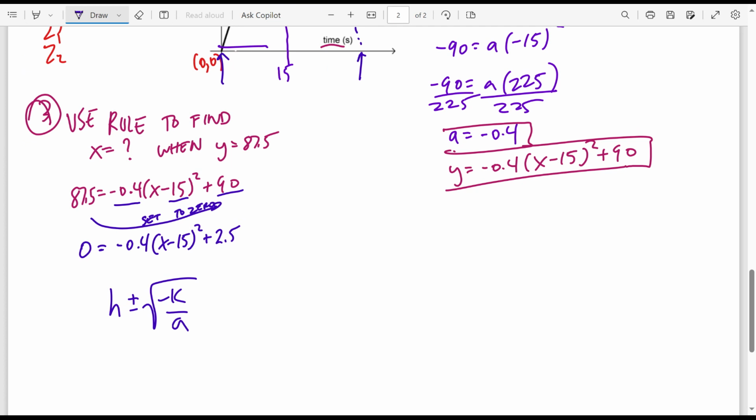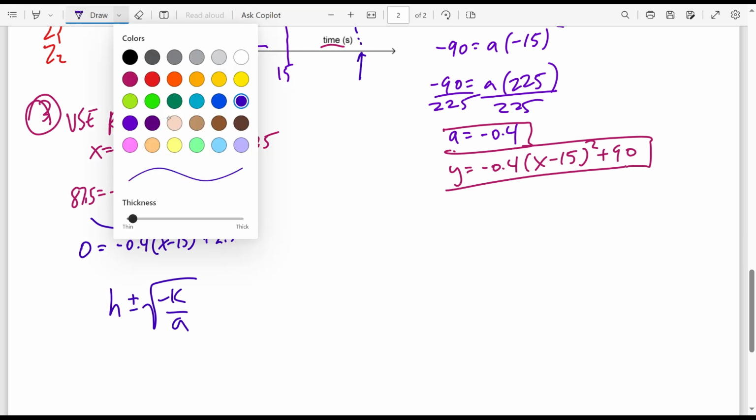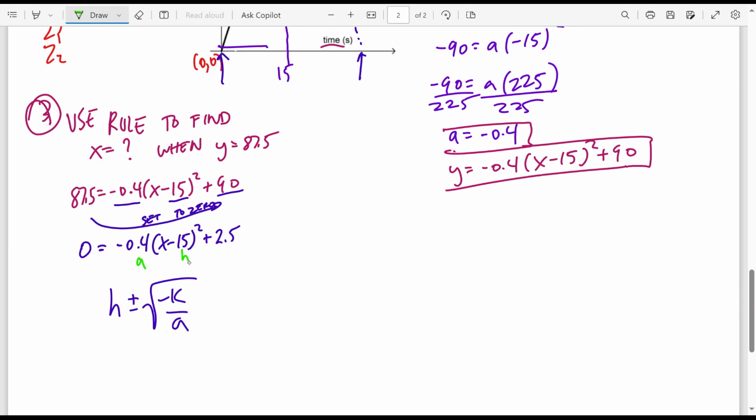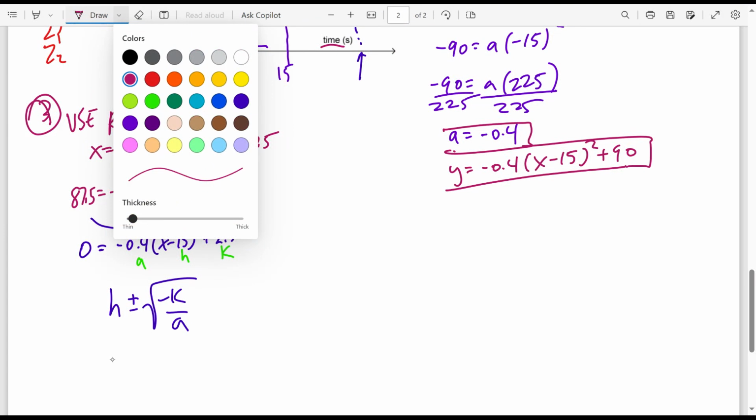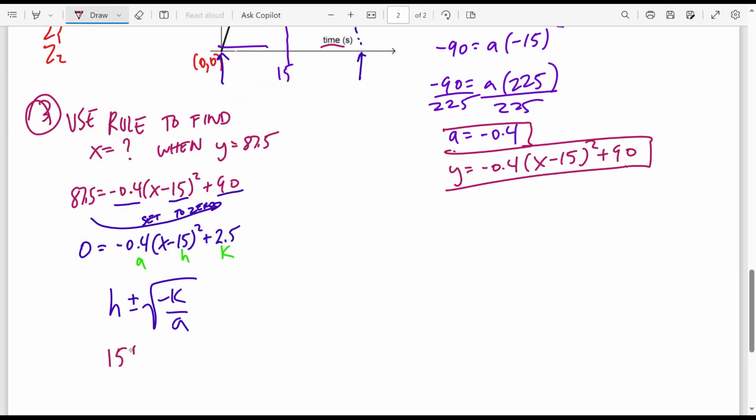So what that means is I set that equation to 0, moved over the 87.5. Now I have a very clear A, H, and a little bit of a different K. So let's plug all those things in and see what happens. The value of H plus or minus the square root of negative 2.5 divided by negative 0.4. This is why it was important that my A value is negative. Otherwise, this wouldn't have worked.